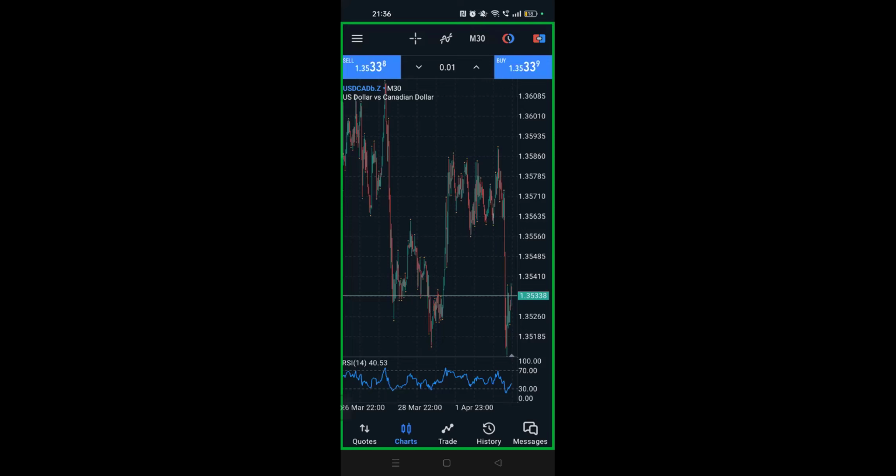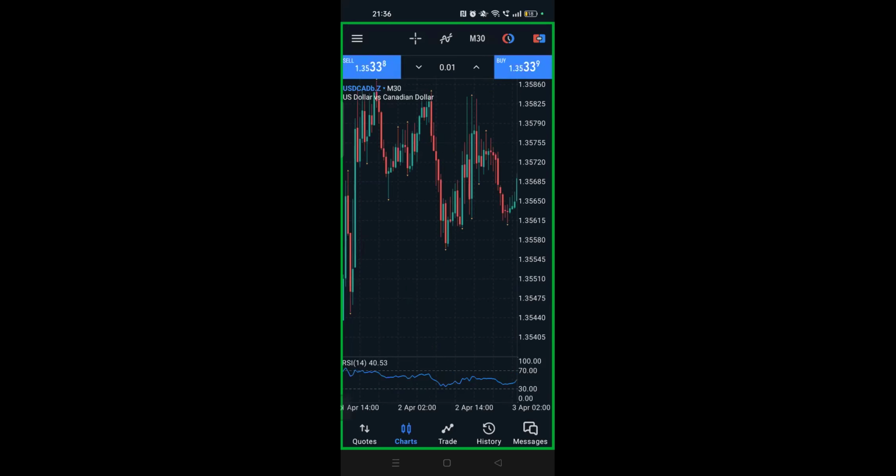Over here, you see your candlestick, the time frame, US dollar versus Canadian dollar, which is USDCAD. You see sell or buy. In between sell or buy, you see 0.01, and the 0.01 represents the lot size.